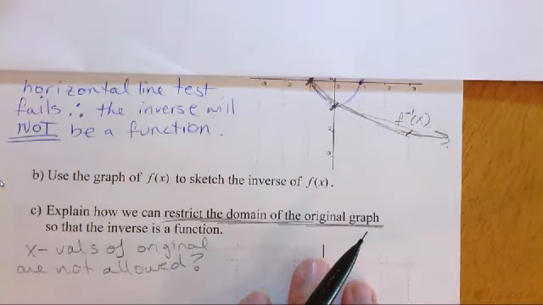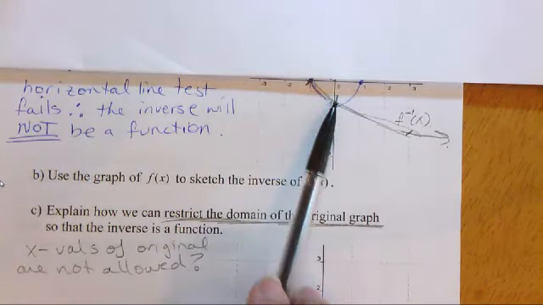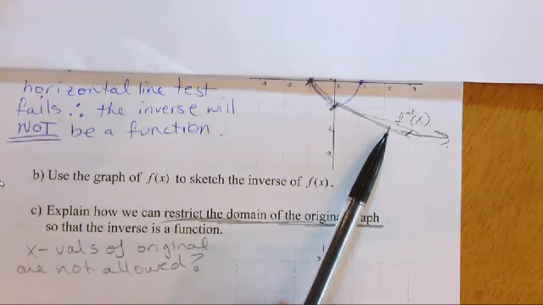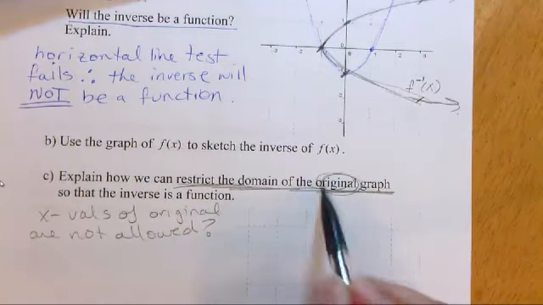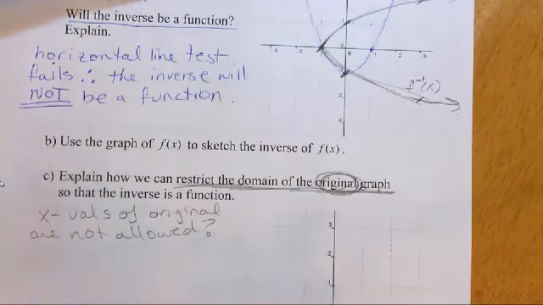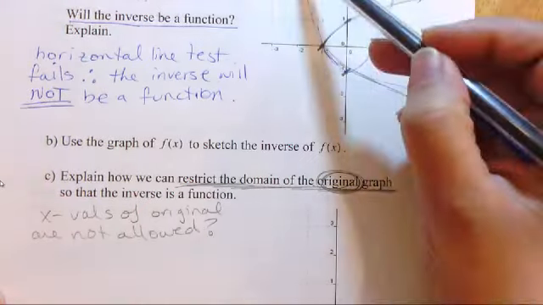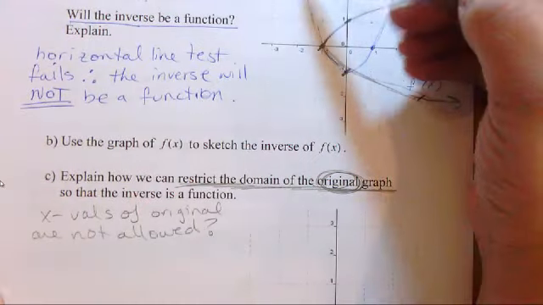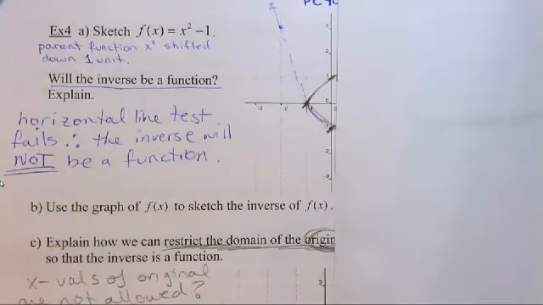So now if we chop off part of it, our inverse is going to be a function. So the question asks, what part of the original graph needs to be removed so that we can have the inverse be a function. Okay, so if we're looking at the original, well, then that's basically either half of it this way or half of it this way.